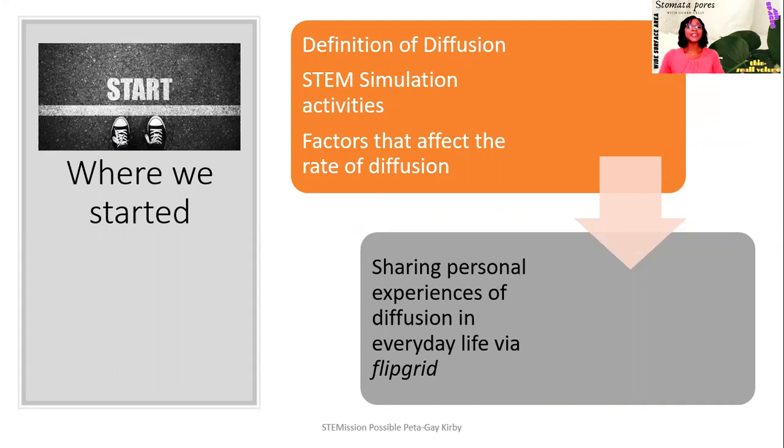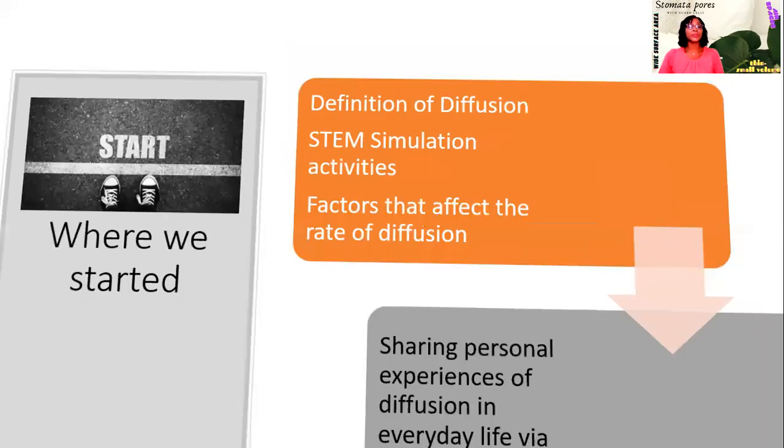And then we had sharing personal experiences of diffusion in everyday life via an awesome website. It's called Flipgrid. Check it out. Check out some of the videos. Create your own and host that lovely live discussion with videos, responses from those who are participating with you.